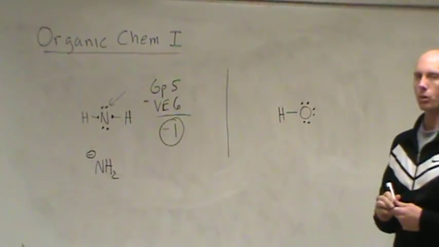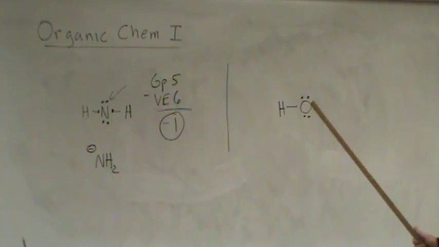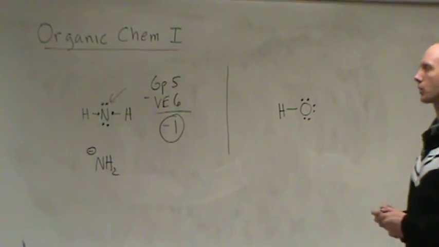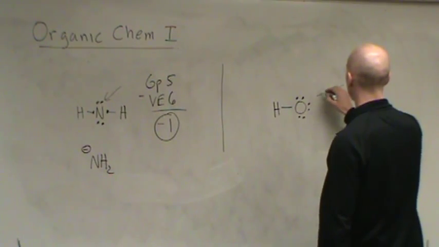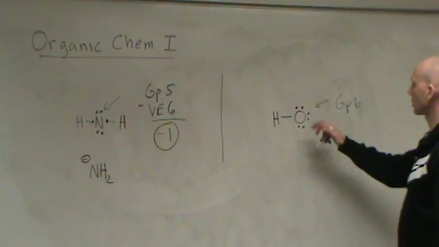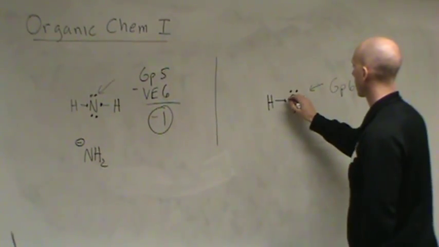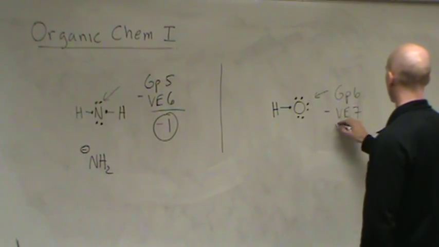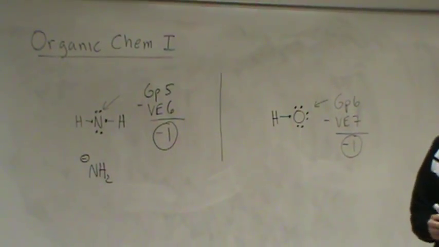Okay, let's do one of the more famous ions, the OH. So again, oxygen is in group 6. And what are the valence electrons? 2, 4, 6, and 7. So that gets a negative charge.